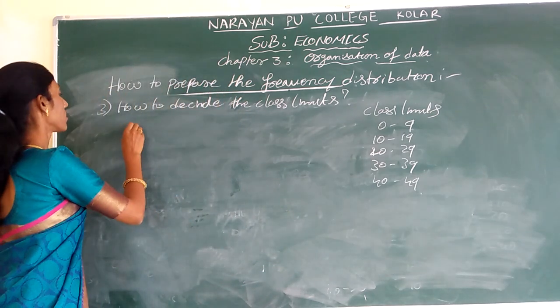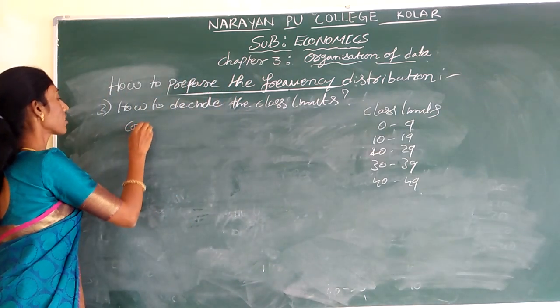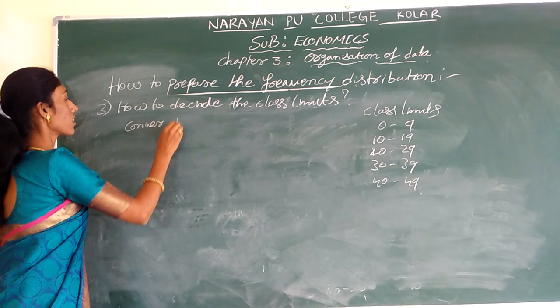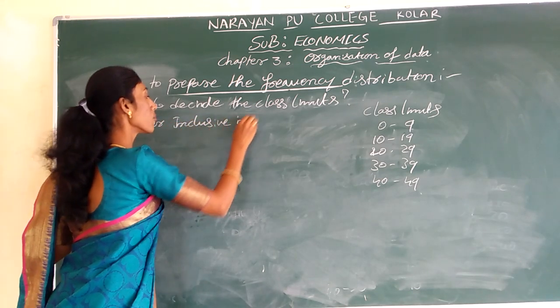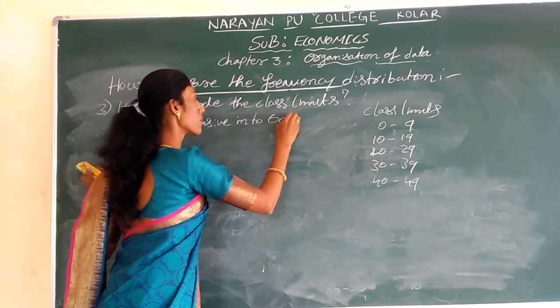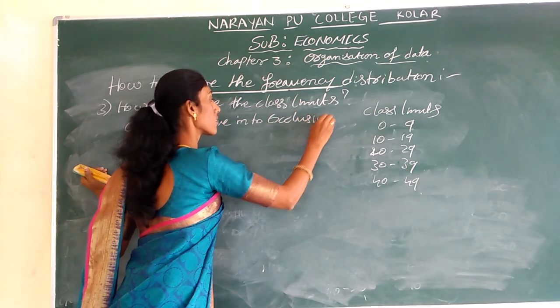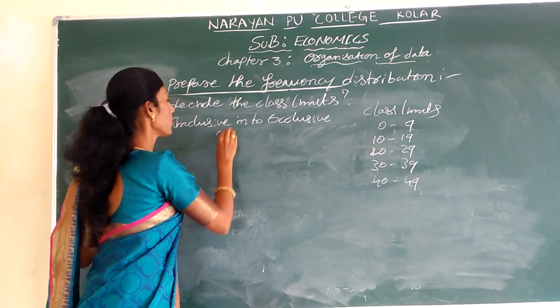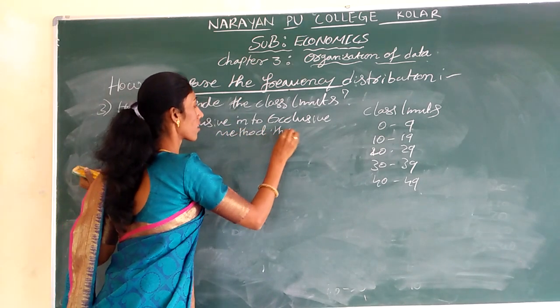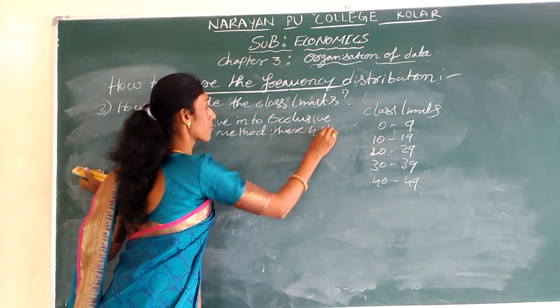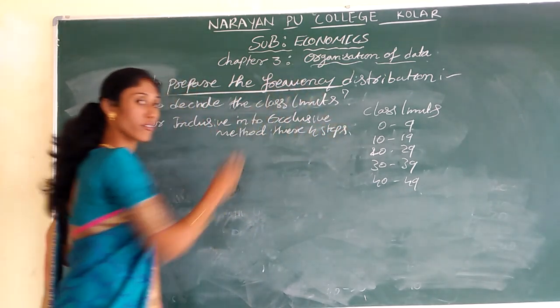Convert inclusive into exclusive method. There are 4 steps. What are the 4 steps?